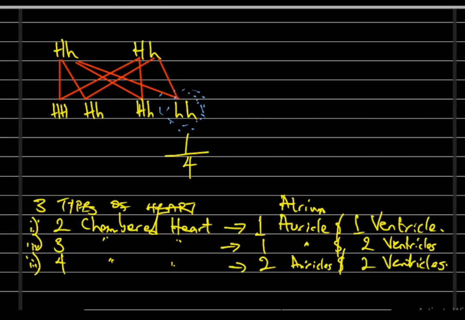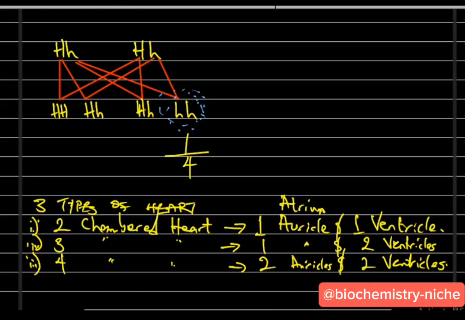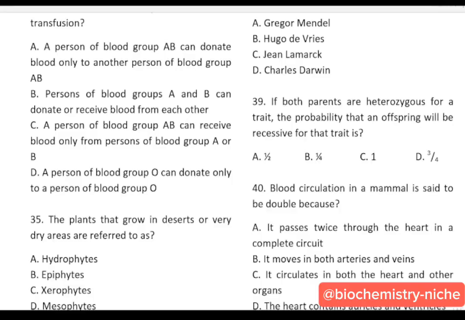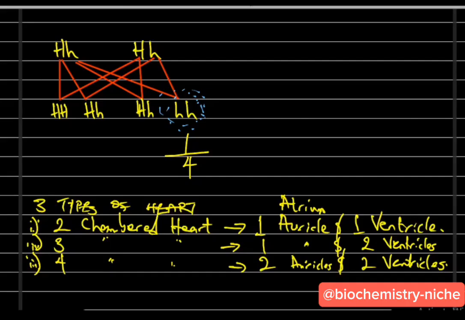For the 3-chambered hearts, we have the amphibians. And the 4-chambered heart is where we have the mammals. So it is in this four-chambered heart that we have what we refer to as the pulmonary and the systemic type of circulation. So that is what I'm putting down here now.